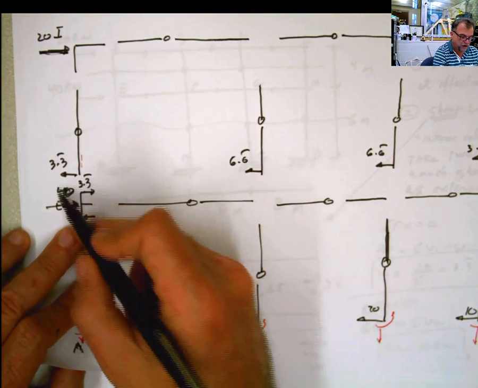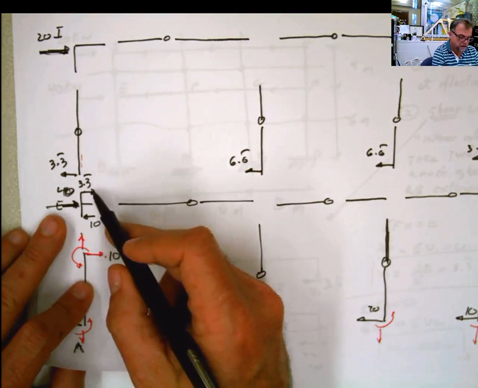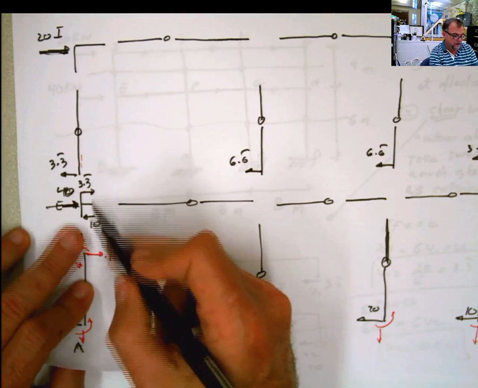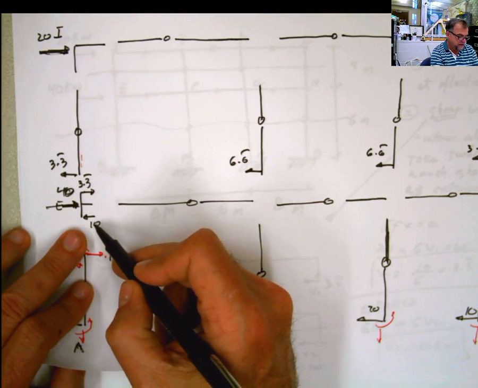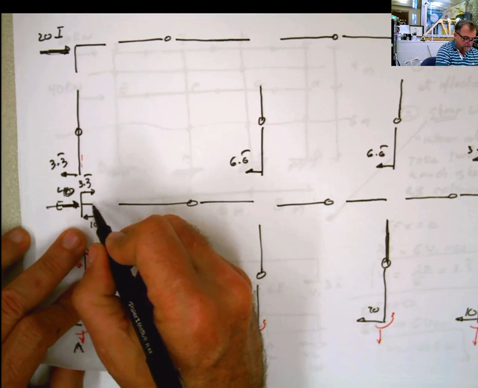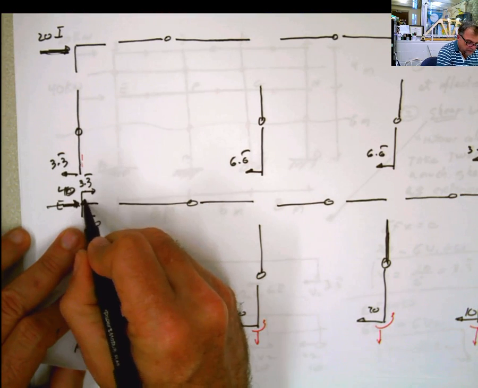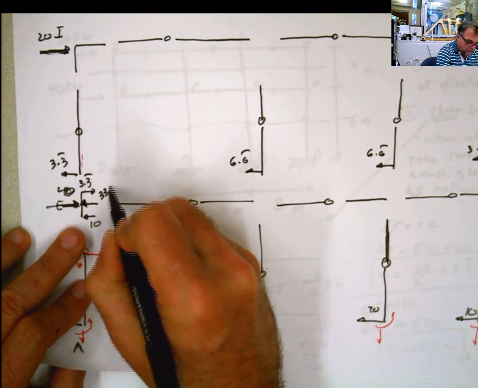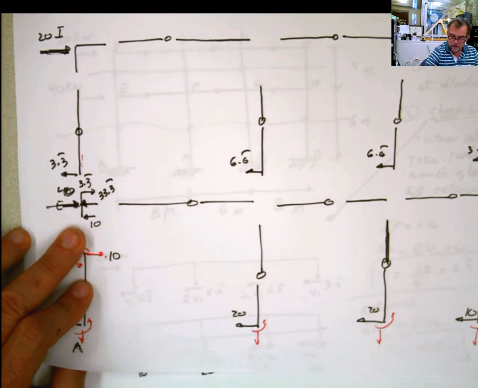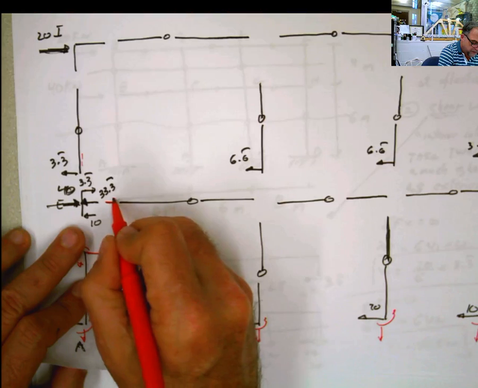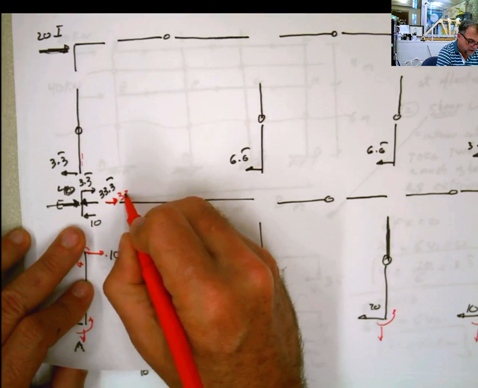But I have all the others, so I have 40 in this direction, 3.3 in that direction, 10 in this direction. So 43.3 minus 10 is going to be 33.3, meaning the value for this reaction has to be here, 33.3 in that direction, which is going to be transferred to this other beam in the other direction, 33.3.